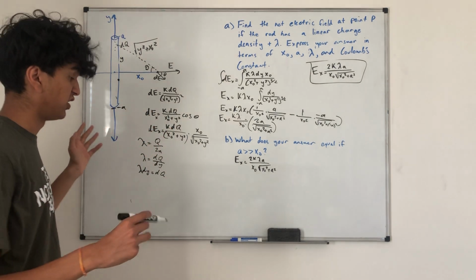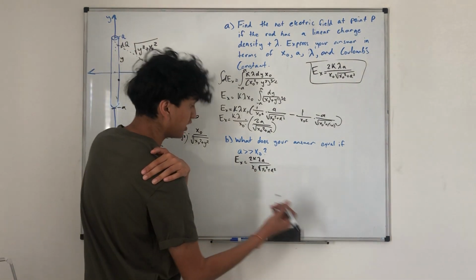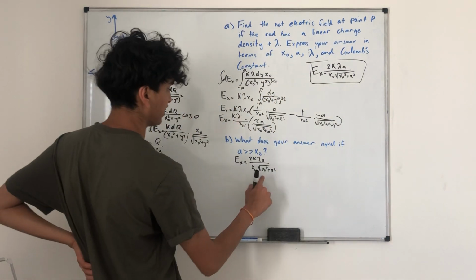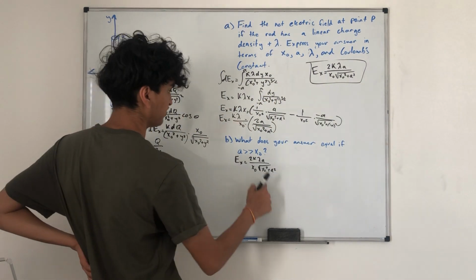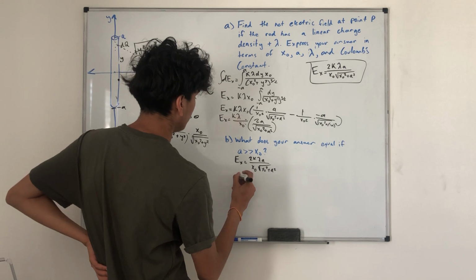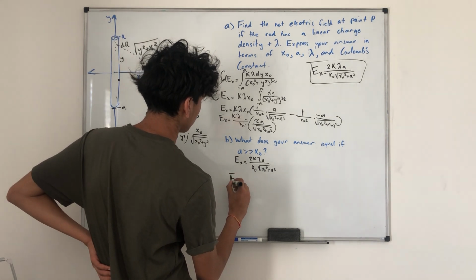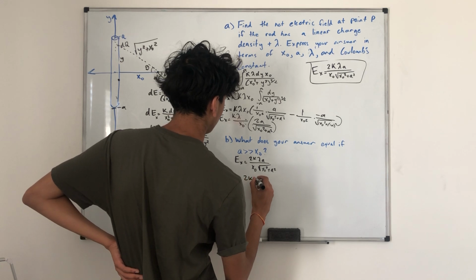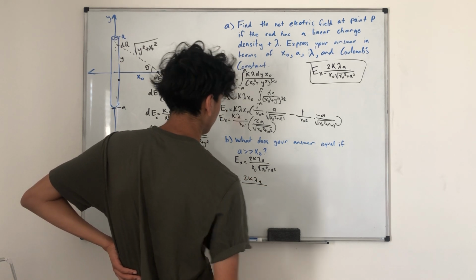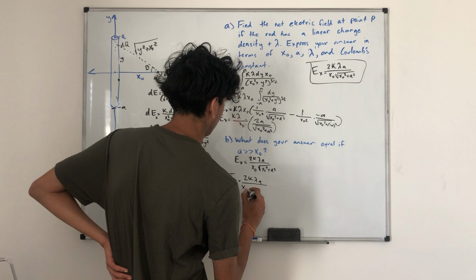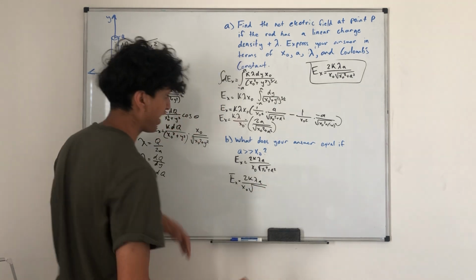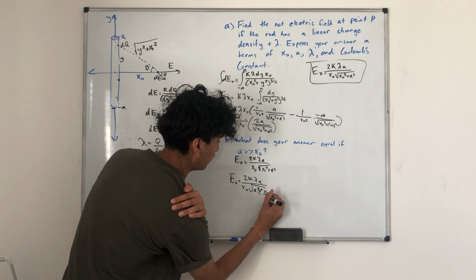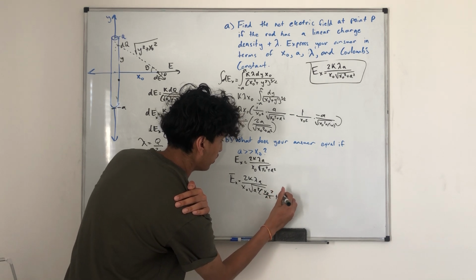But how you would solve the limit is you would have to be clever. You have to factor out an a squared so we can cancel out an a. So E_x is equal to 2k lambda a over x naught times the square root, where we're factoring out an a squared, and we're going to say x naught squared over a squared plus 1.